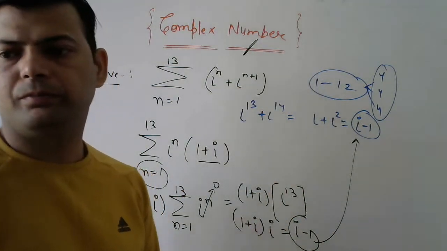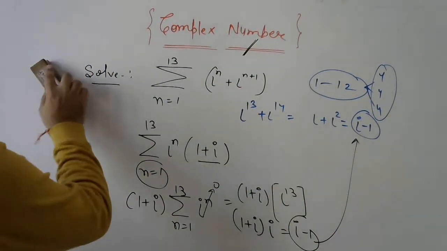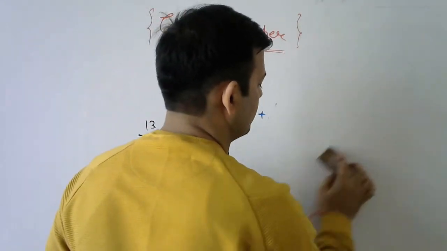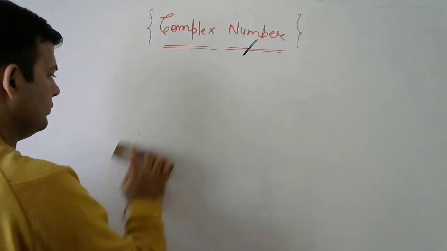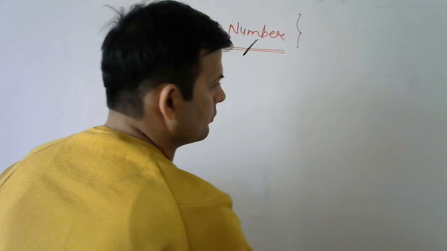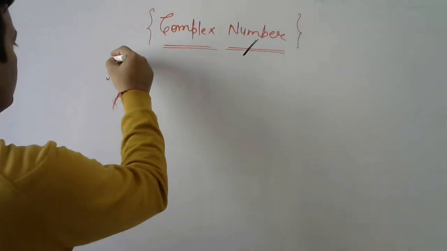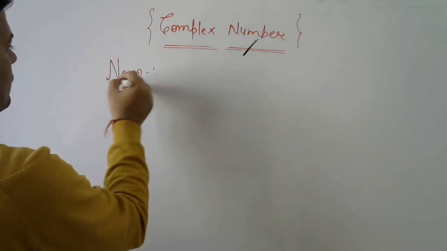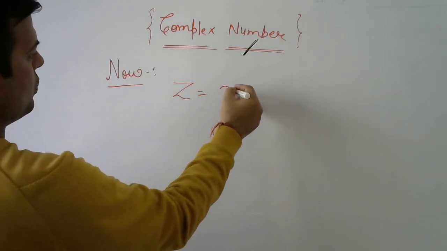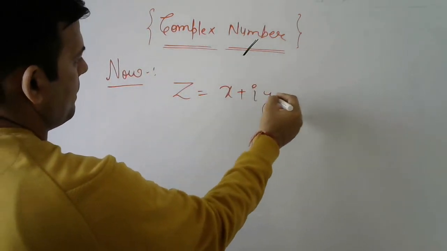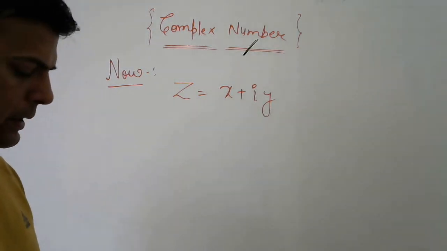Getting my point? Now, z is equal to x plus iota y. It's a complex number.